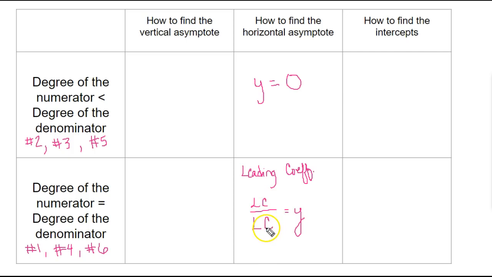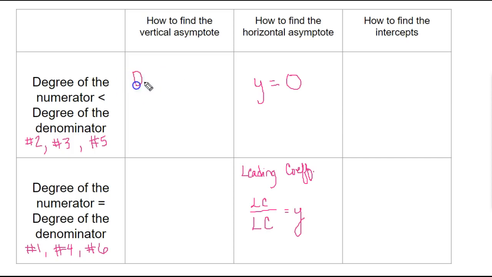Now, finding all of the other pieces actually seem to have a lot of similarities that didn't really depend on the degree at all. For example, finding vertical asymptotes. Well, we happen to know that the only reason they exist is because we can't divide by 0. So if I want to find a vertical asymptote, I need to figure out where the denominator is equal to 0.